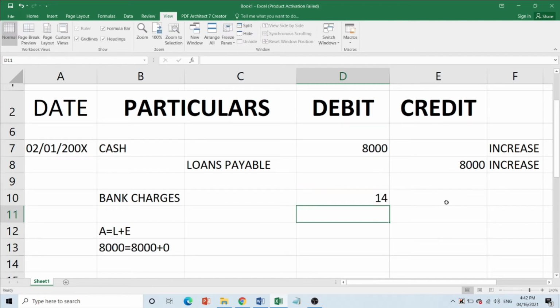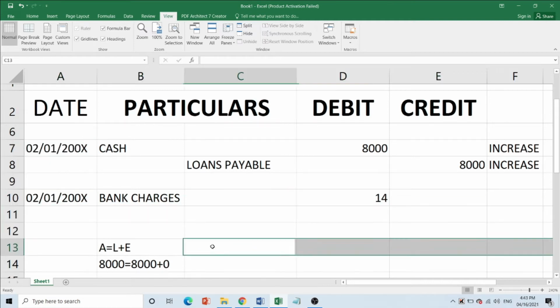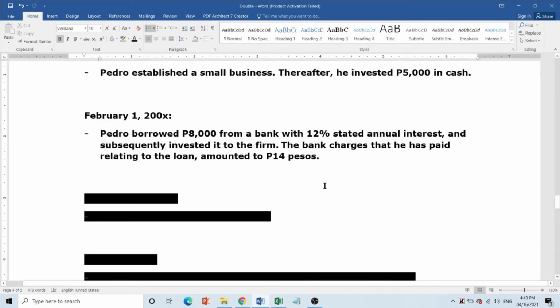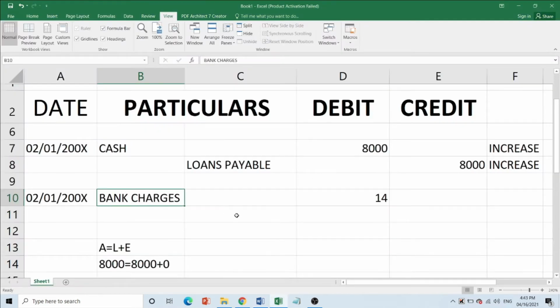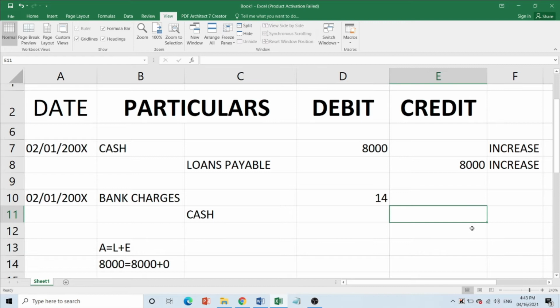So, same date. And, noong time na nagkaroon ng bank charges, ano naman ang nangyari? Syempre, since bank charges ito, binayaran natin siya in cash. 14 pesos.